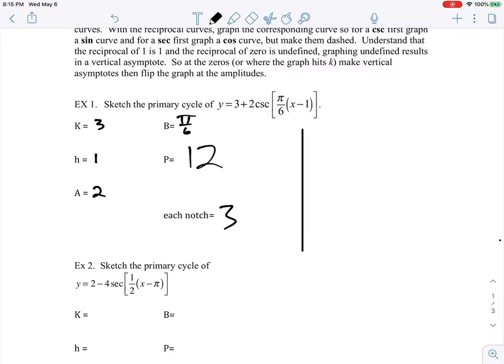Okay, and then I look at K, and then that adjusts my x-axis. Because my K is at 3, so I'm going to go 3. And then K plus A is at 5, and K minus A is at 1, right? And I actually like to label those.